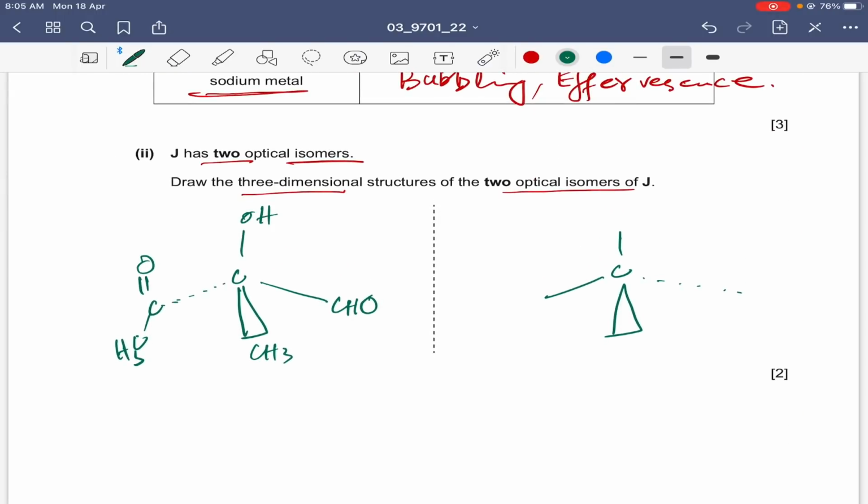So this is one optical isomer and the other would be C double bond O, CH3, CHO, OH, CH3. So these are the three-dimensional structure of the two optical isomers of J.